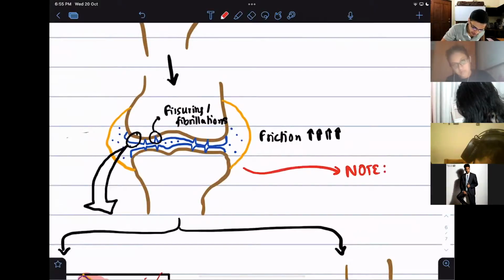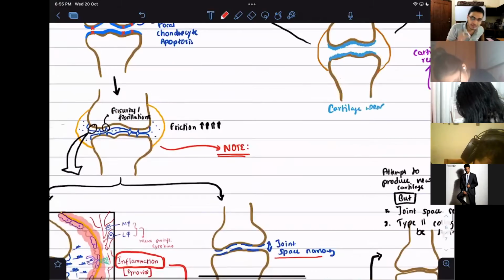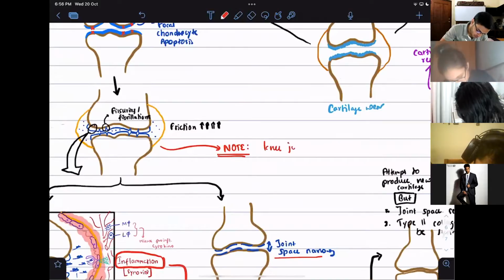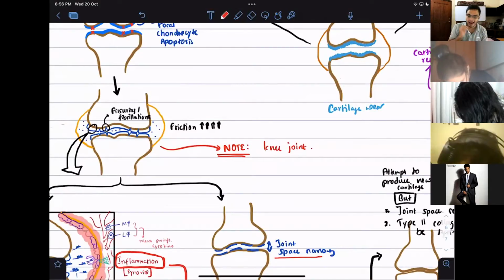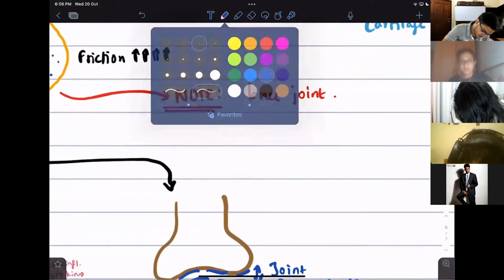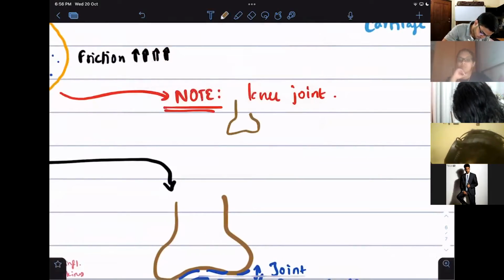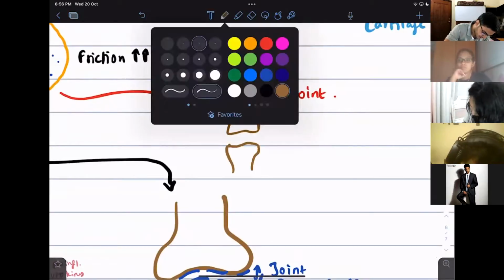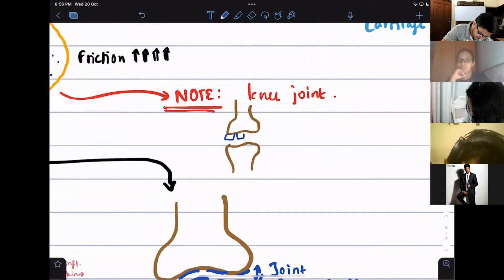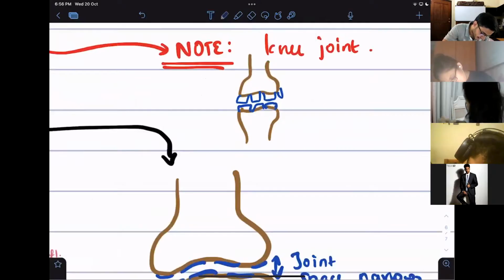They have found, especially in the knee joint, that when this fissuring and fibrillation occurs, this area looks something like this, and I will exaggerate the fissures. In these fissures, there can be some substances depositing.